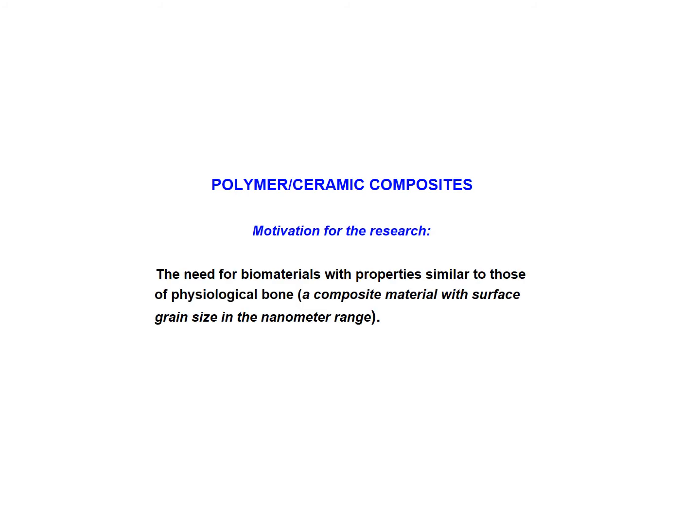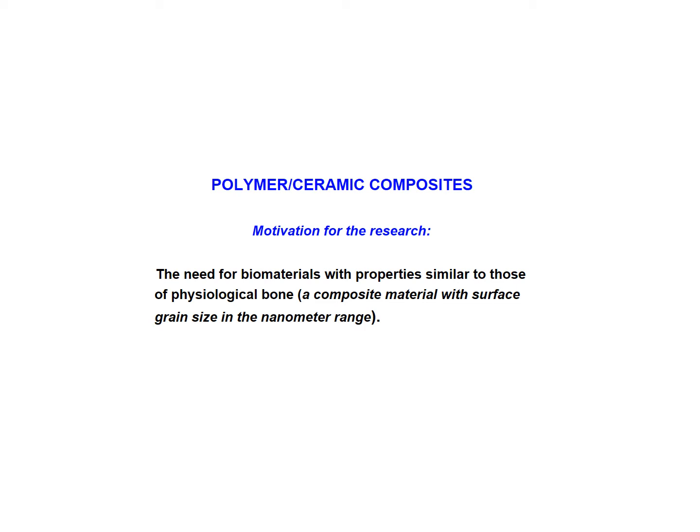These studies use polymeric ceramic composites. So we have two types of traditional materials, a polymer part and a ceramic part. The motivation for the research was as follows. We need biomaterials which have properties similar to those of physiological bone. If you look into the physiology of bone, what we have here is a composite material which contains both a polymer, naturally occurring, of course, primarily collagen, and a ceramic, which is hydroxyapatite.